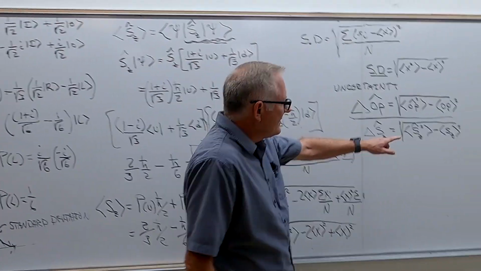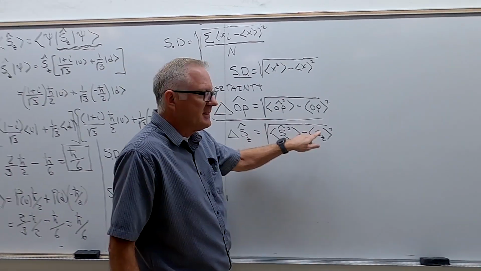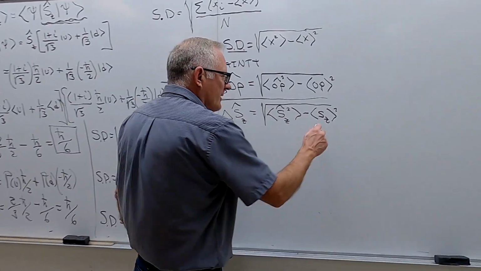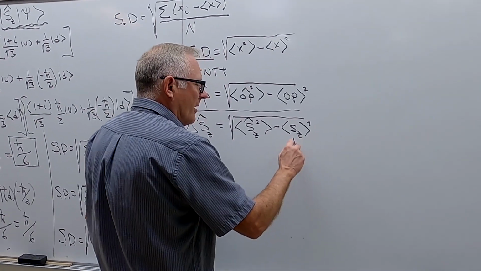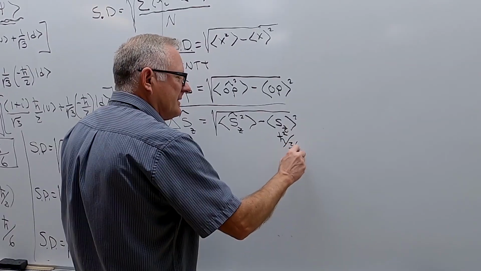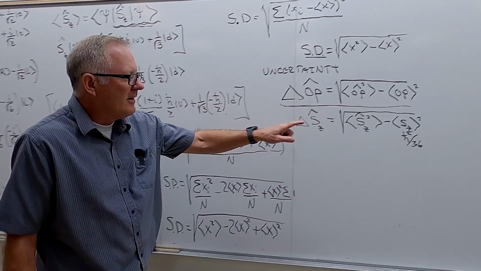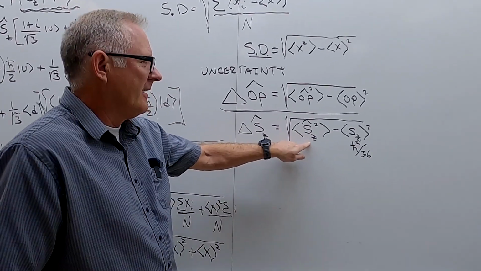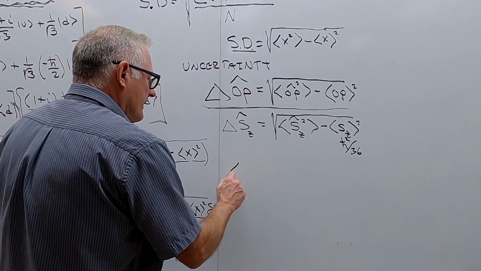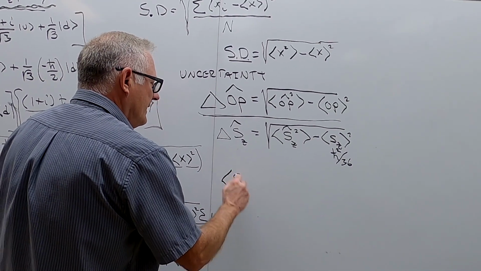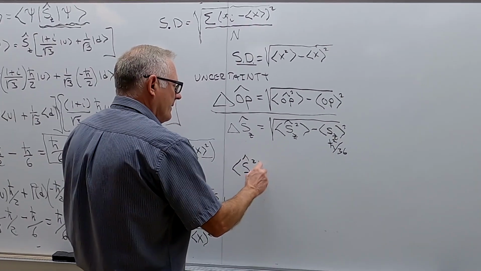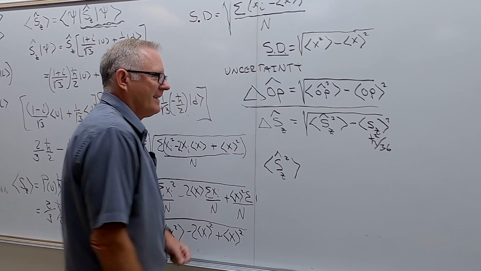So I know what this one is. This is h bar over 6 times h bar over 6. So that's h bar squared over 36. So I already know that one. Now I just need to get this one right here. I need to get the average of S sub z squared.